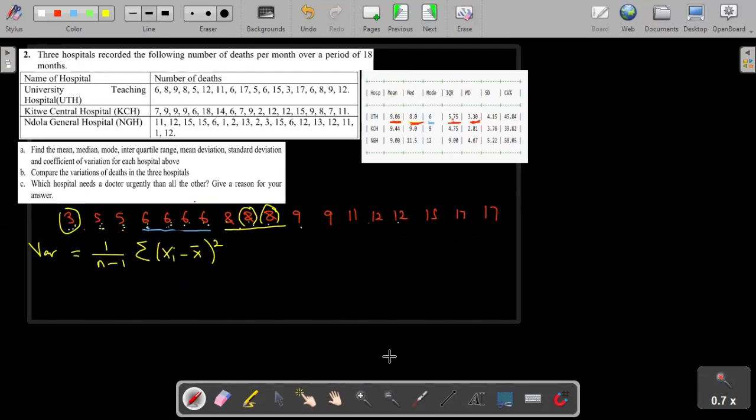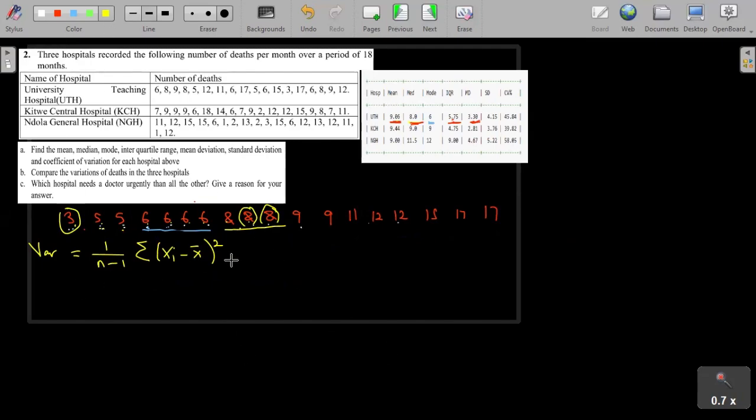So let's find the variance. The variance will just be equal to 1 over n, which is 18 minus 1, so that would be 1 over 17. And now we start adding the squared differences of all these values with the mean.